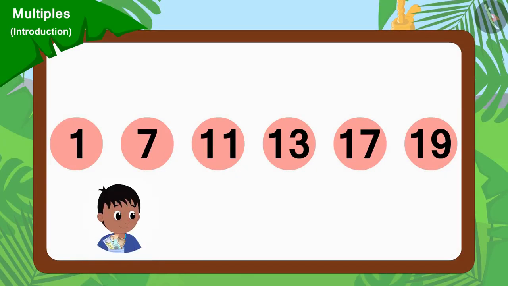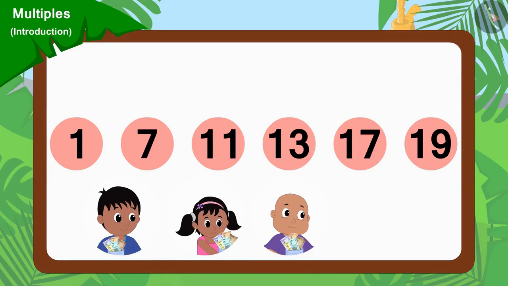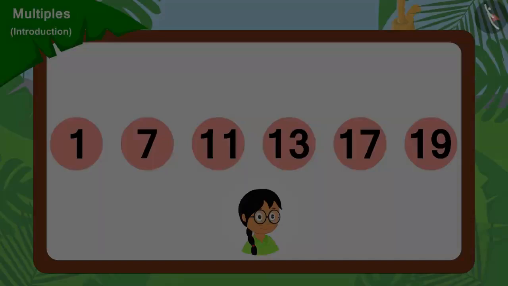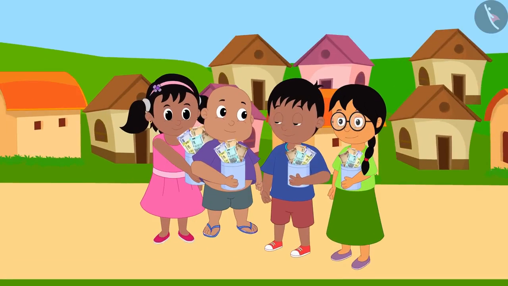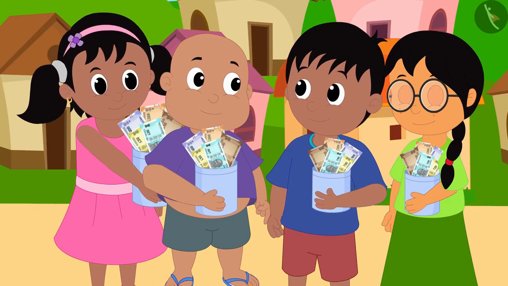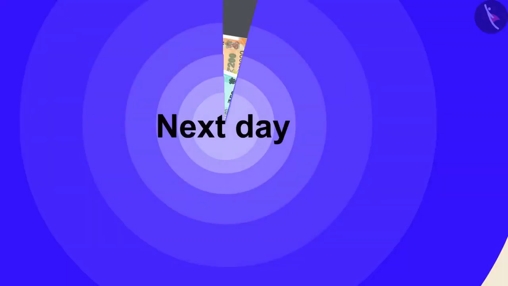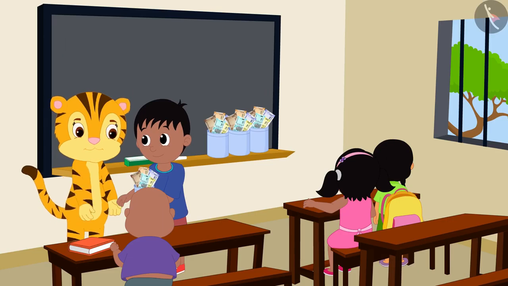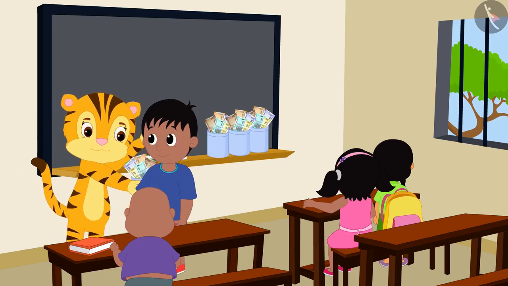As none of Raju, Pinky and Bablu were able to go to these houses, they took Meenu's help and asked her to collect donations from those houses. Raju, Pinky, Meenu and Bablu amassed a lot of donations through their hard work. The next day, they gave all the money they had collected to their teacher and got a lot of appreciation from her.